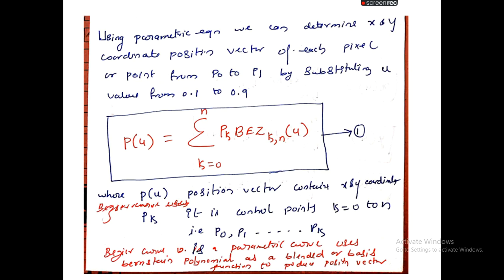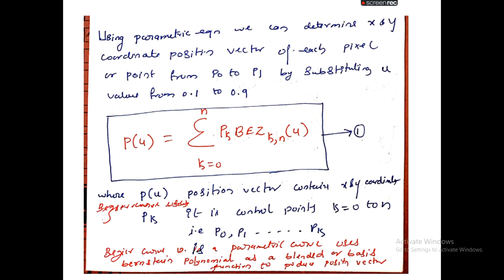Then, what are the parameters this Bezier curve equation contains? The first parameter is P of u. This P of u specifies the coordinate position of every pixel in that curve. That is, it will give the x and y coordinate position for every value. If you substitute u value 0, you will get P of 0, the first pixel's x and y coordinate position.